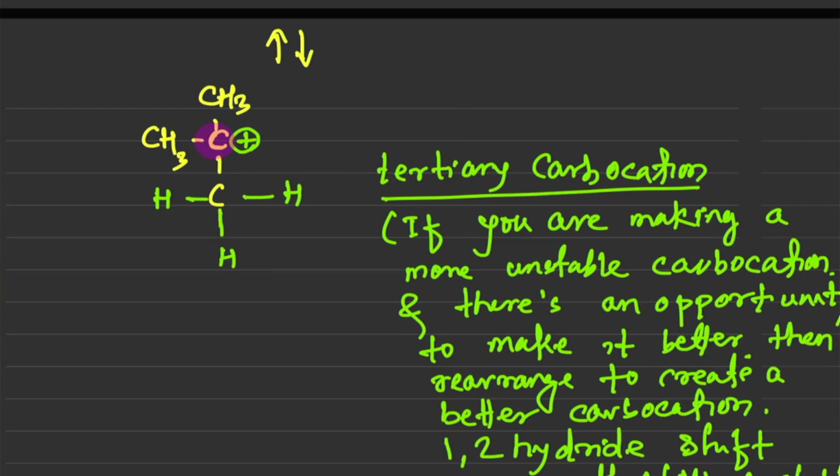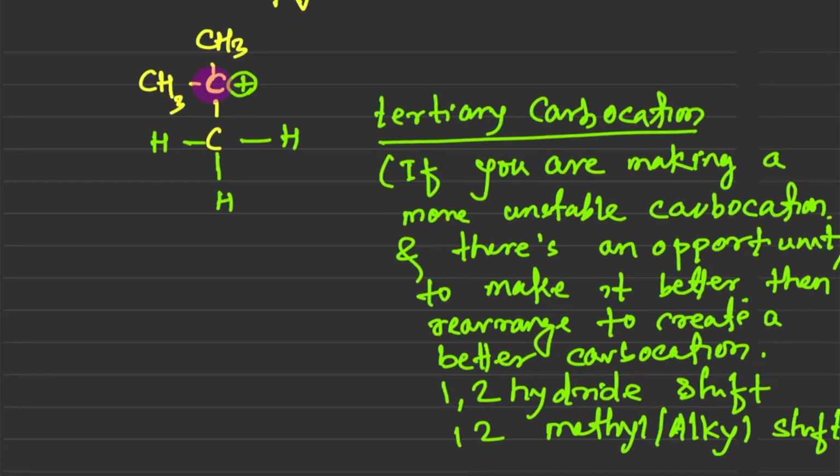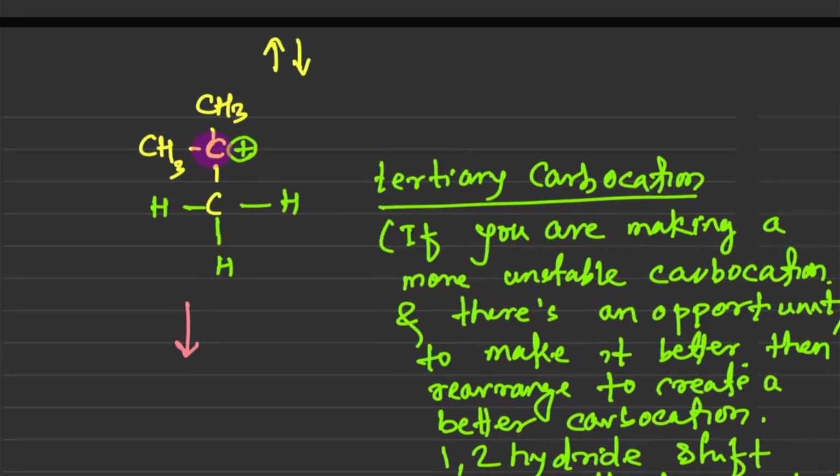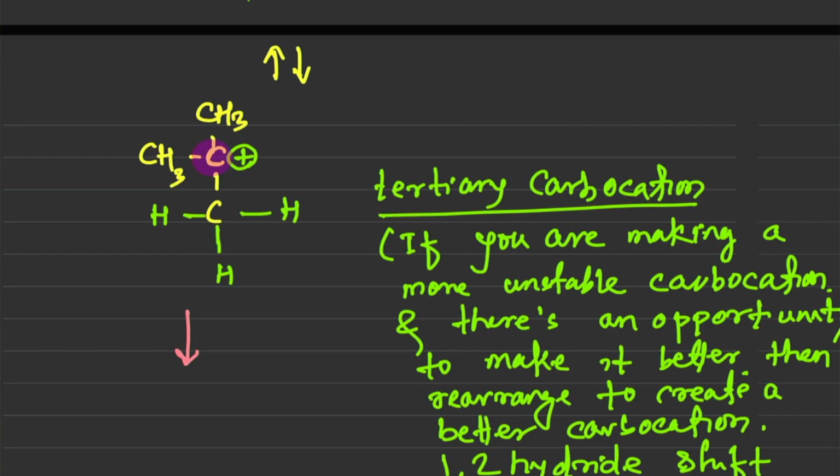Okay, so this is our tertiary carbocation. Now at this point, what can happen? Well, there is a positive center, and this positive center can be attracted by a nucleophile. Who do we have as our nucleophile? Water. So water could come and attack this positive carbocation.